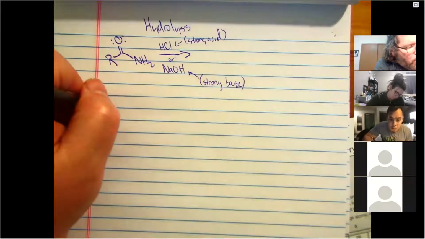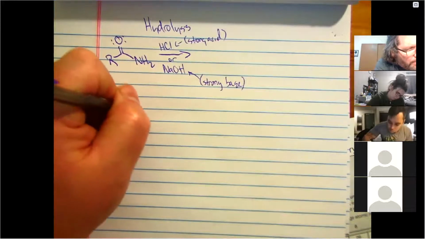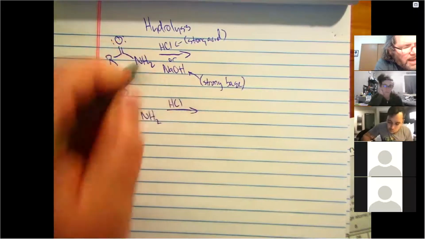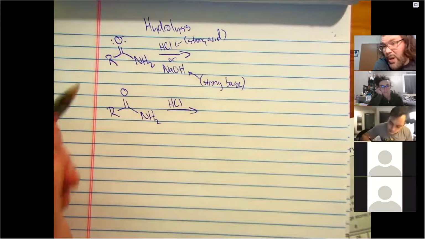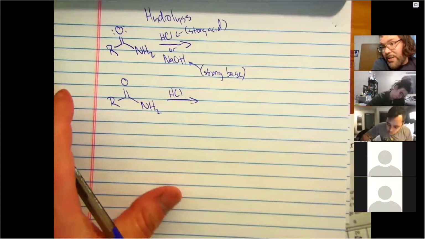So let's talk about the products of this reaction if we do this reaction in acid. Because honestly, the products between these two ways of doing it are a little different. And we'll talk about why. This is actually also an excellent bridge into the amines chapter.